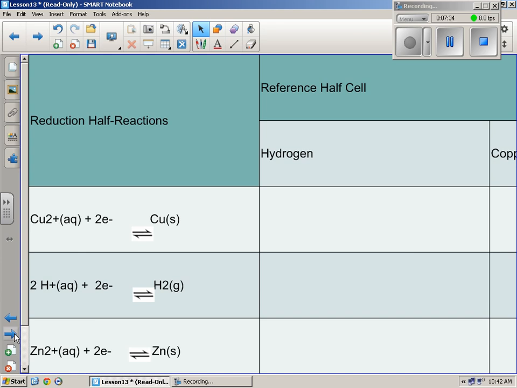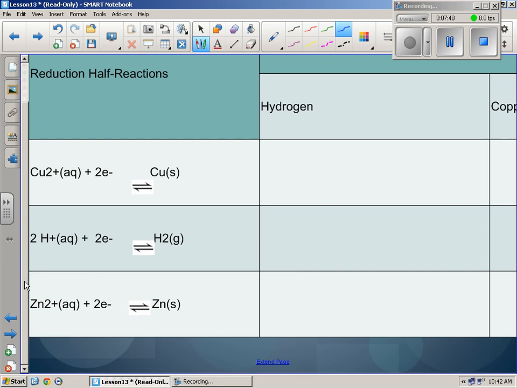If the reference half cell is hydrogen, that has to be what as far as electrical potential? 0. Okay? So right here, if I'm going to use hydrogen as my reference half cell, this has to be 0.00 volts. Every reference half cell has to have an electrical potential of 0.00.